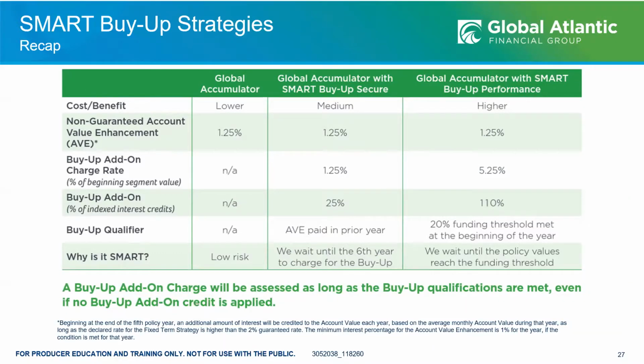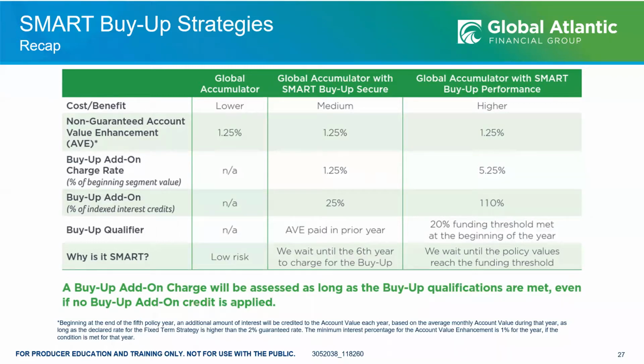The account value enhancement and the buy-up add-on charge rate are the same percentage. You get an additional 25% of the index credits credited to the policy for that 125 basis point charge. And then on the right side, the performance, you still have the account value enhancement, buy-up add-on charge of 5.25%. So you're at about a net 4% on the charge.